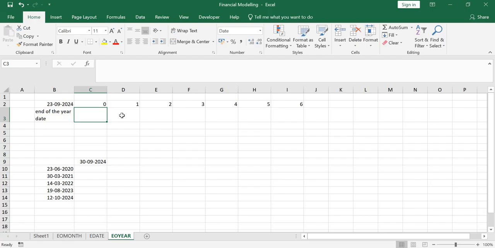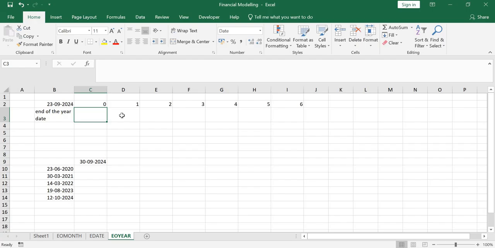At that time, I'll be calculating the time period between the joining date and the date of bonus. Let's say I want to give the bonus on 31st of March 2025 and I have 50 employees in my list. So I'll be calculating the time period for which the employee has worked in my organization, starting from the date of joining till the date of bonus.